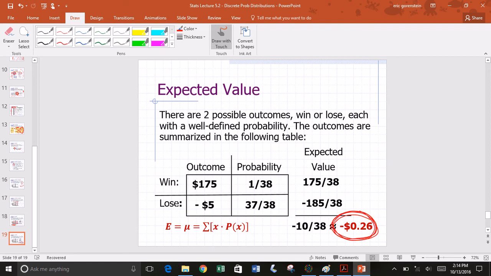So what does that mean? That means, on average, every $5 bet has an outcome of negative 26 cents. Or the casino is expecting, on average, to make 26 cents for every $5 that is bet.